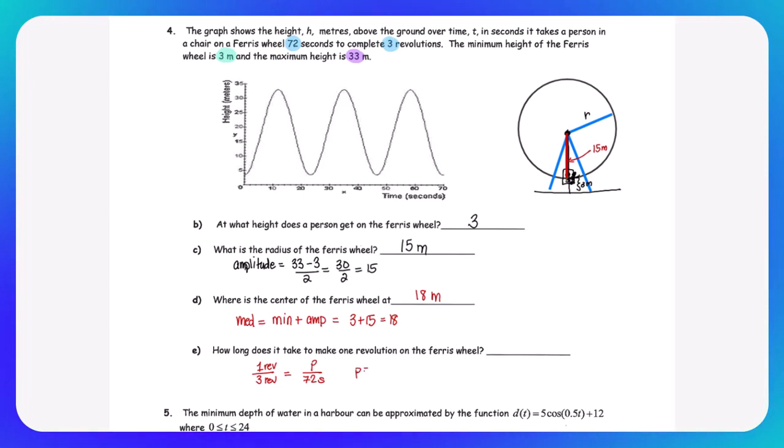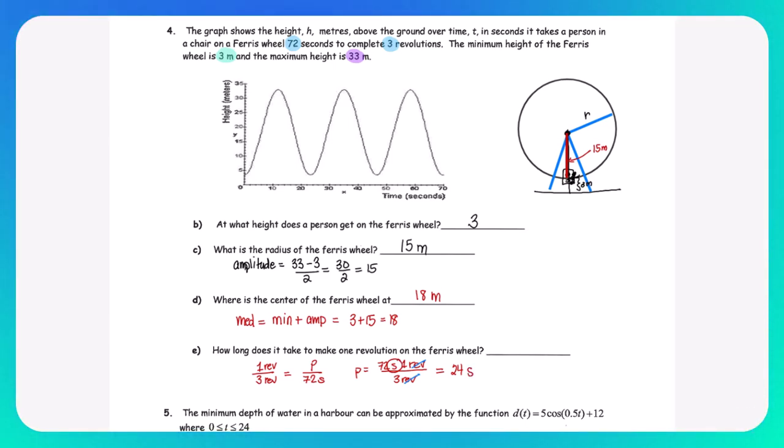So P equals 72 seconds. And I'm going to hold on to the units because I want to show you how they all cancel out nicely. 72 times 1 rev divided by 3 revs. And that means these revs cancel, which means I'm left with 72 divided by 3, which is 24, but notice the seconds didn't cancel, so they stuck around.